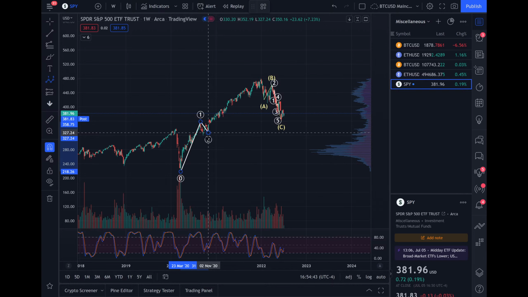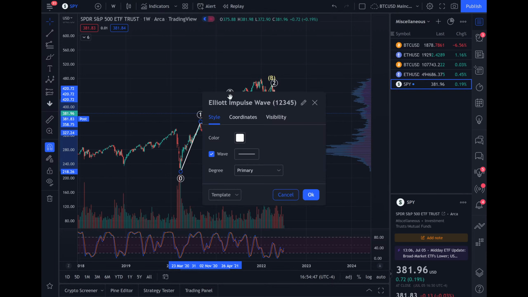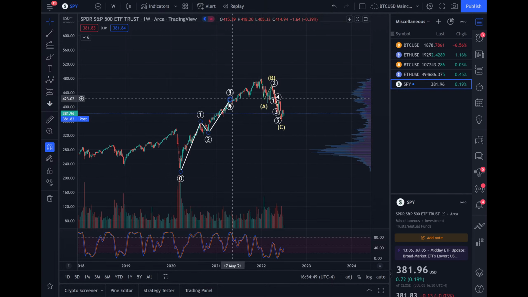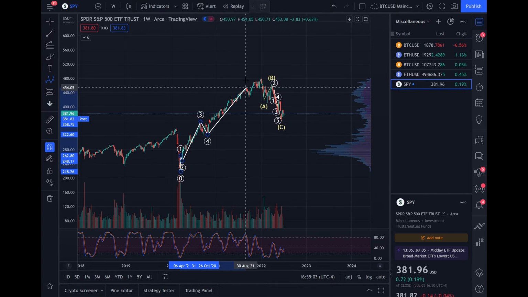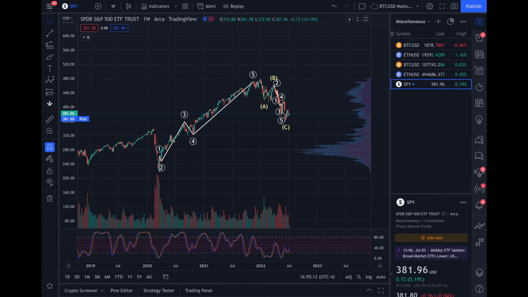No, my initial, I think that you've gotten an extended wave 3 here. Okay, so I'm looking at this being something like this. Sorry, an extended wave 5. I'm seeing an extended wave 5 here. Okay, something like this.